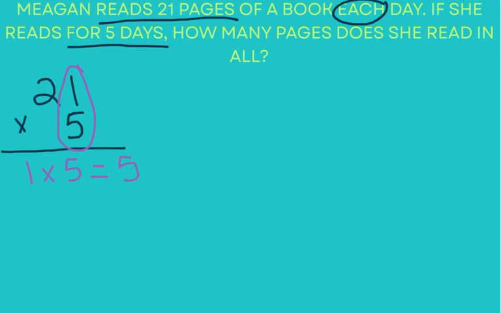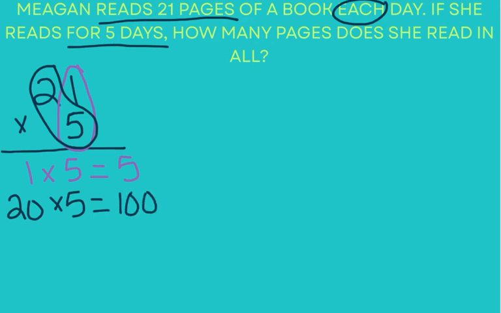And then I have one more set that I need to multiply, and that is 20 times 5, which equals 100. I have multiplied all of my factors together, so now I simply need to add 100 plus 5, which are my partial products. That gives me the value of 105 total pages read in the 5 days.